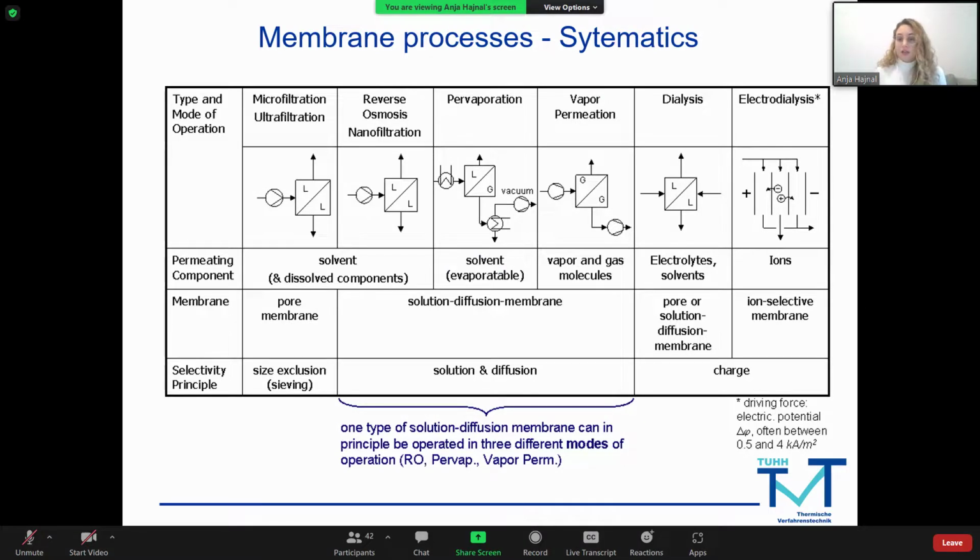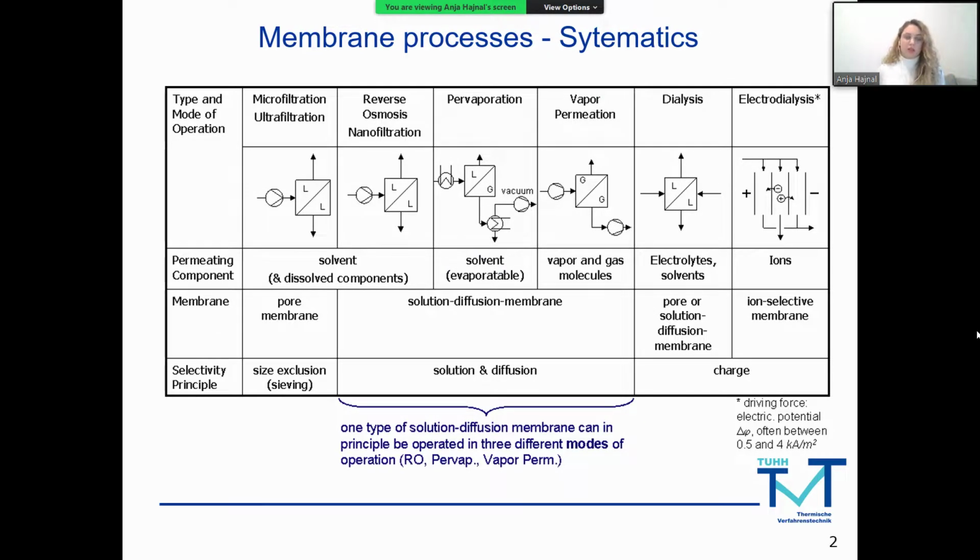So you've already had two classes with the topic of filtration, so I will not go now into too much detail. What you should know and what is also important for your exam is to know some basic characteristics between the different membrane processes that you studied about and to know how to distinguish them.